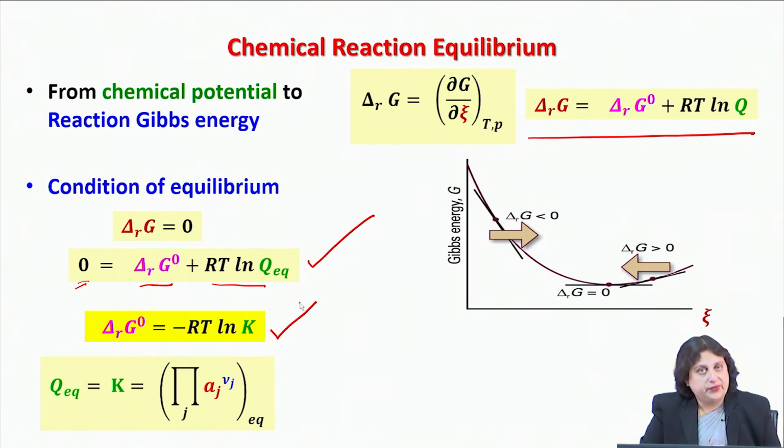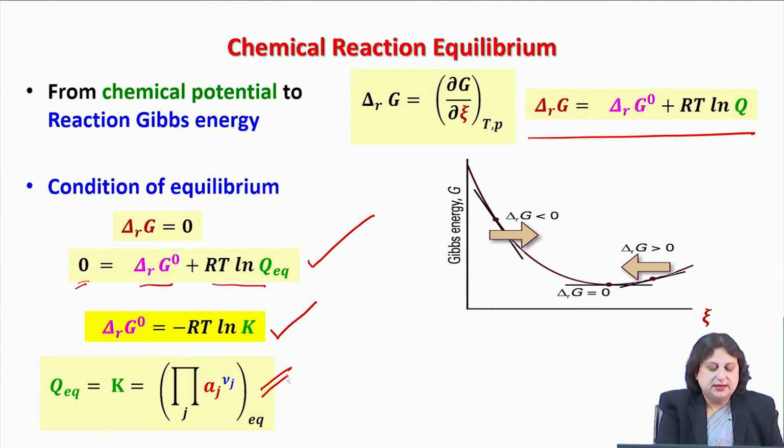And as I have discussed in my last lecture, this is related to the activity of all the components present in the reaction mixture, each raised to a power nu, which comes from the algebraic stoichiometric equation that we introduced in the last class.